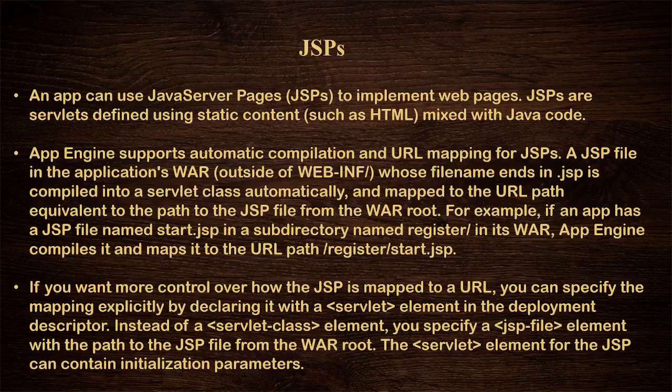If you want more control over how the JSP is mapped to a URL, you can specify the mapping explicitly by declaring a servlet element in the deployment descriptor. Instead of the servlet-class element, use the jsp-file element in the servlet element with the path of the JSP file from the WAR root.